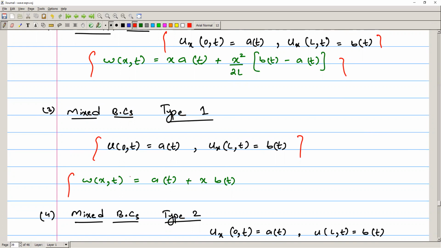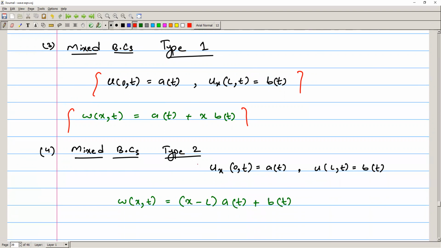In this case, we formulate w(x, t) as a(t) plus x times b(t). And for type 2, when the condition at 0 is the derivative, that is u_x(0, t) is a(t) and u(L, t) is b(t), then we formulate w(x, t) as (x minus L) times a(t) plus b(t).